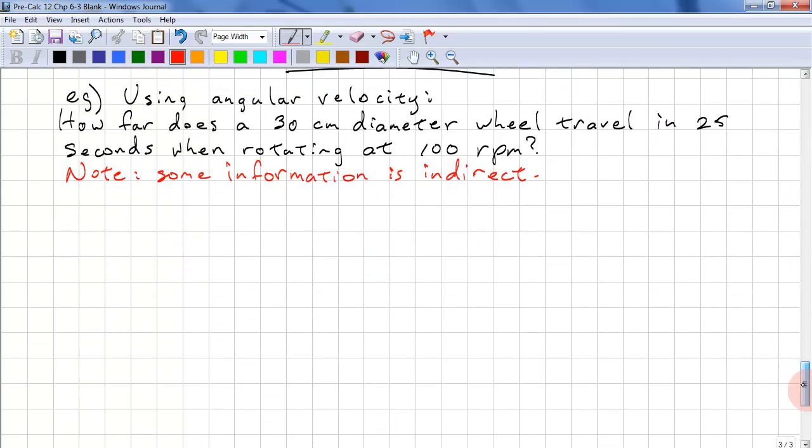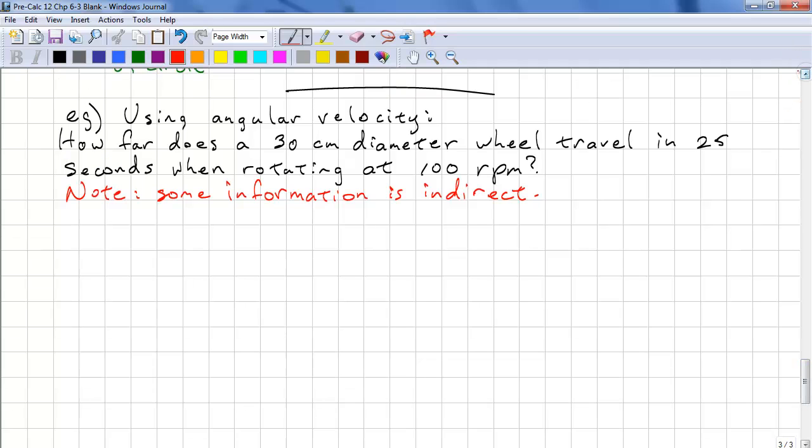Last type of problem. If we're given angular velocity, then the distance, or we can use s as the arc length, is angular velocity times the radius times time, and this is in radians.